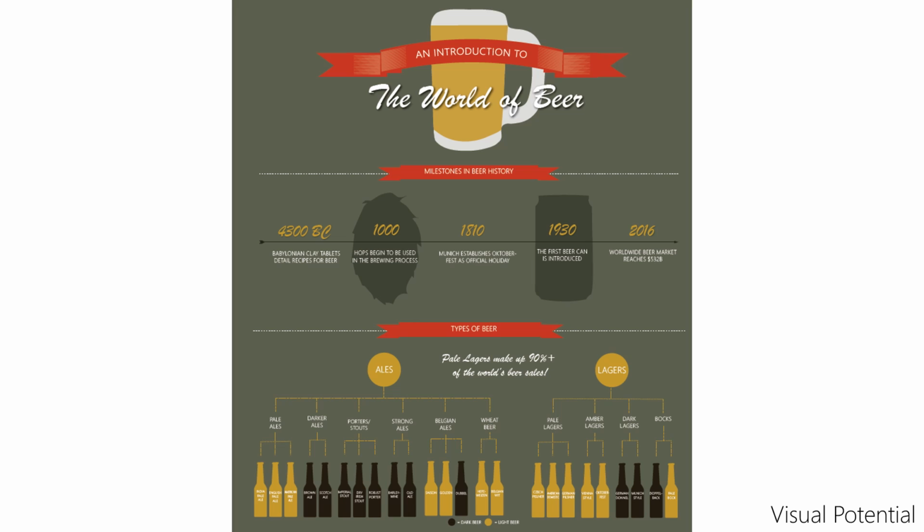Finally, for the relationship display, I decided to do a family tree, seeing as beer is something that has a lot of derivations. And on the bottom here, you see the bottles. Those are actual types of beer, and then there's subgroups above them, and then the main categories of ales and lagers up top. And these aren't every type of beer.